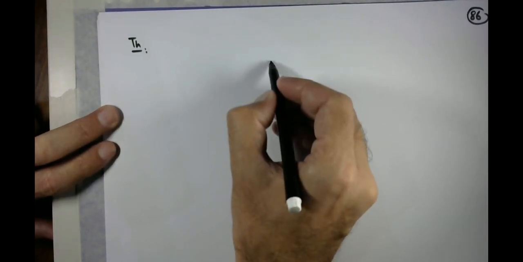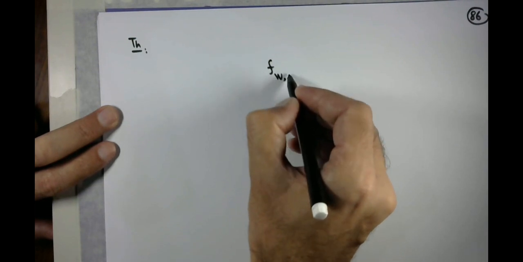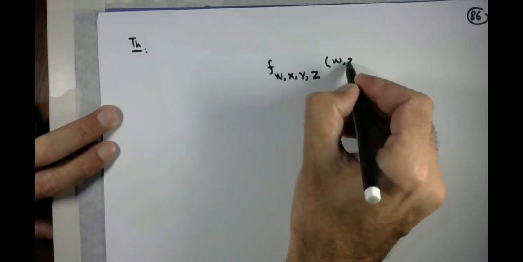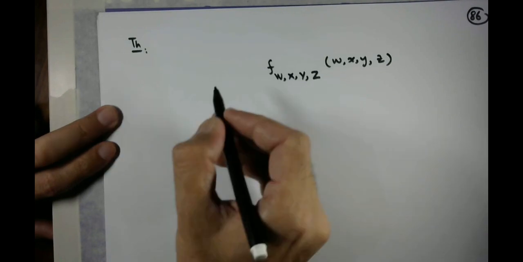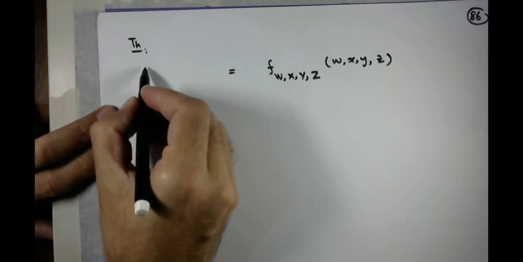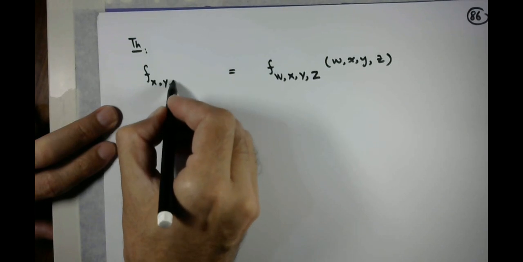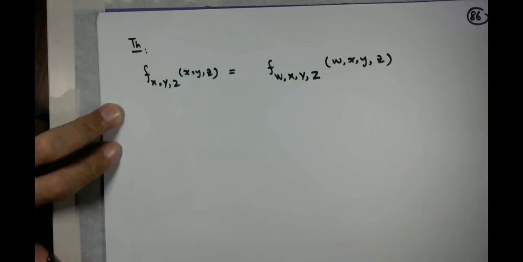Suppose you have a PDF of four random variables w, x, y, and z of w, x, y, and z, and you want to find the marginal distribution of x, y, and z, marginal PDF.